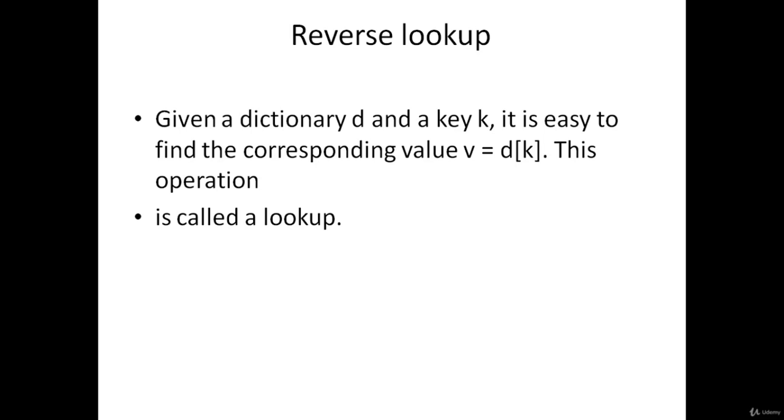First, there might be more than one key that maps to the value v. Depending on the application, you might be able to pick one, or you might have to make a list that contains all of them. Second, there is no simple syntax to do a reverse lookup. You have to search.